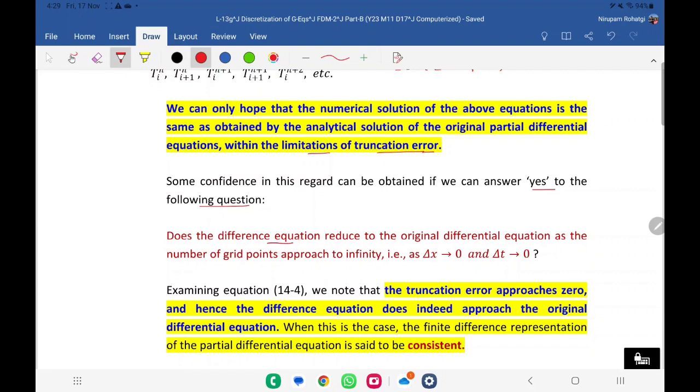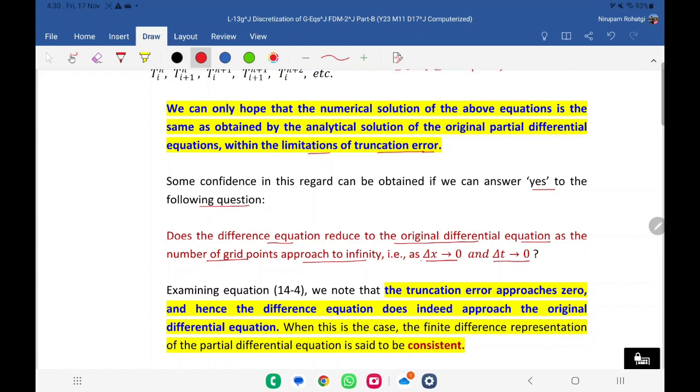Does the difference equation reduce to the original equation as the number of grid points approaches infinity, that is, delta x approaches 0 and delta t approaches 0? So first we have to check whether these equations approach each other.